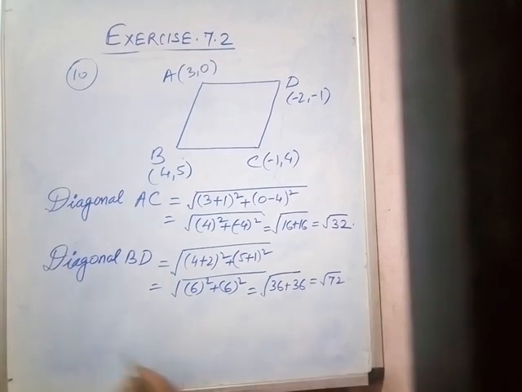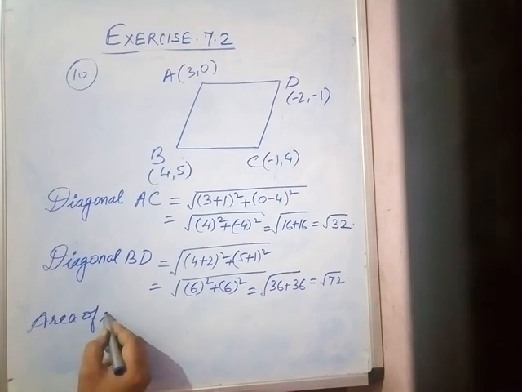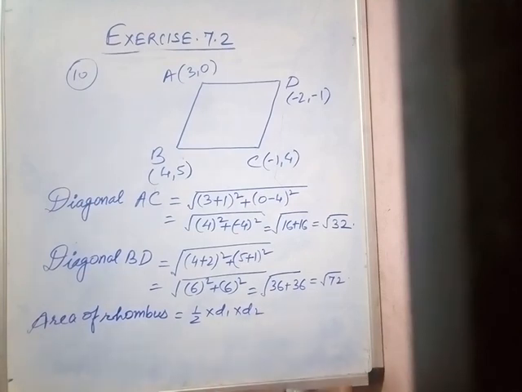Now the area of the rhombus equals half into d1 into d2, that is half of the product of its diagonals.